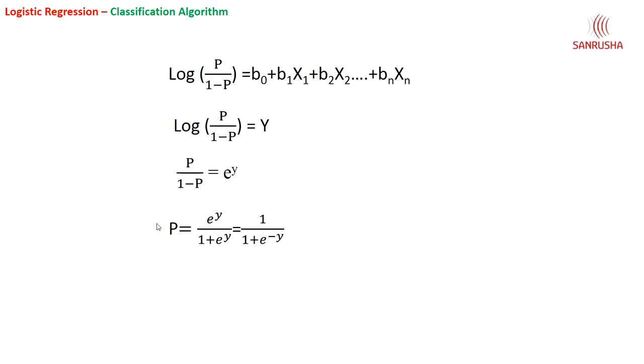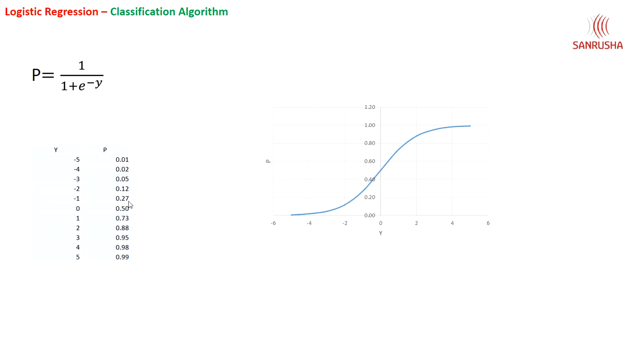You don't believe me? Okay, let's do this. I put several y values here in this formula, and this was my outcome. This was my p value. You can experiment with more y values, and this was the graph. So now I have a graph of probability values ranging from 0 to 1. Right, these are my probability values and these are y values. So the probability value is 0 to 1, right? My graph is looking like this.